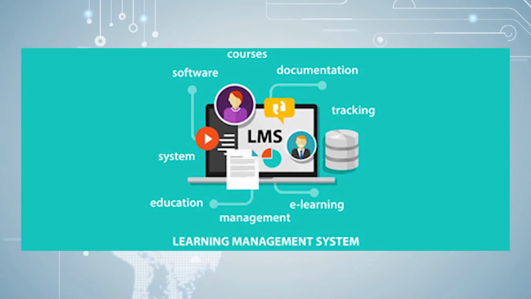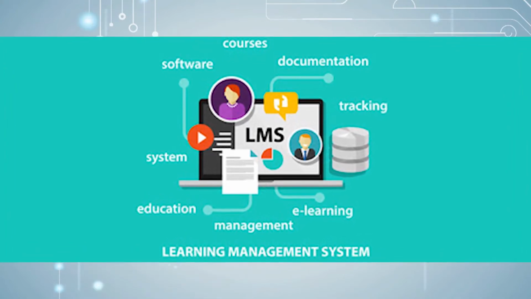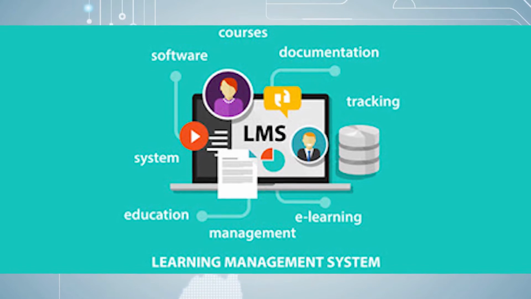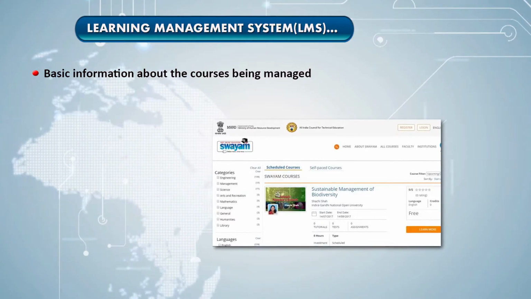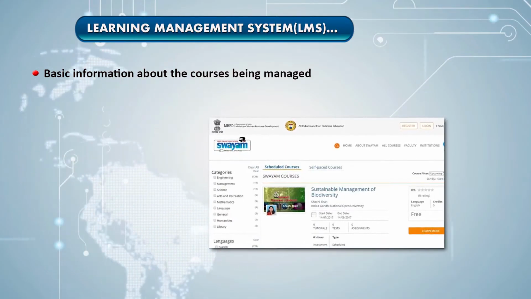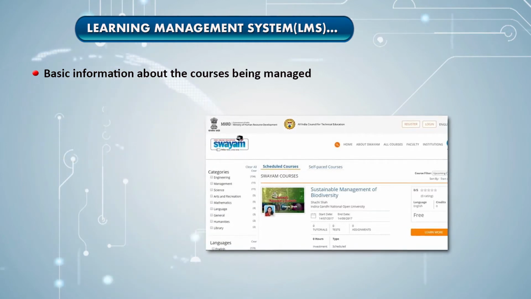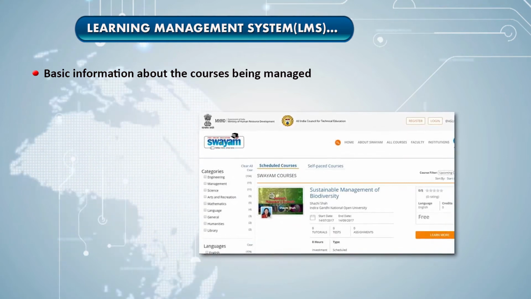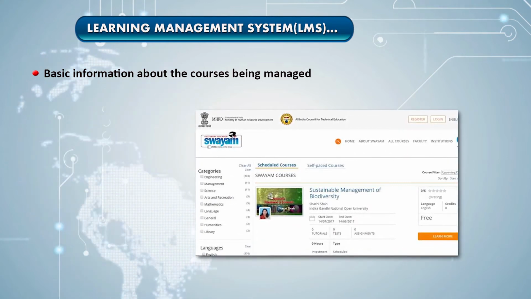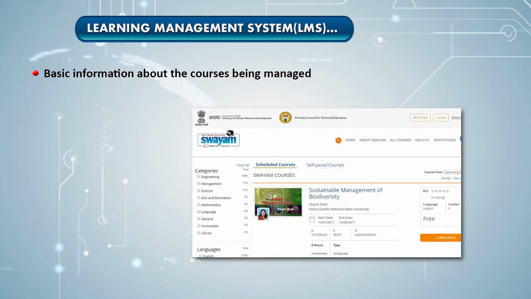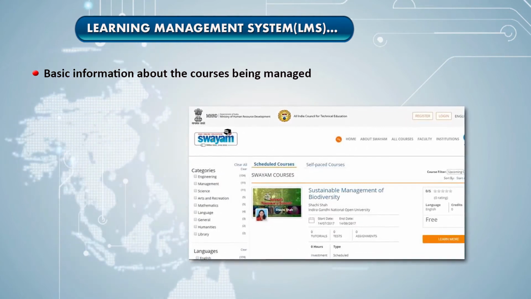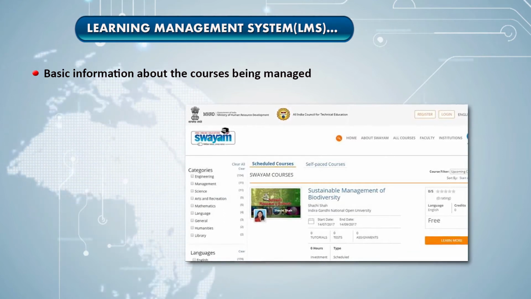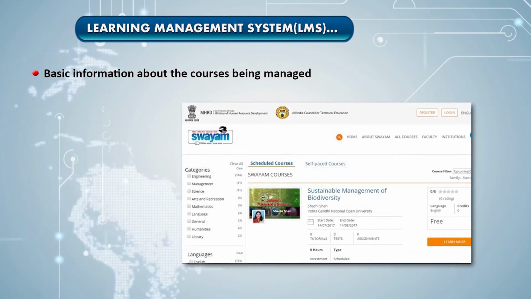To discuss the first thing, that is the asynchronous one, let us try to figure out what a learning management system has to offer us. Well, as far as a learning management system goes, it provides basic information about the courses being managed. If I am talking about a learning management system like SWAYAM, the basic information about the courses has already been uploaded, like what this particular course covers, what the key issues are which will be discussed, what the different units and blocks of this course are, right.